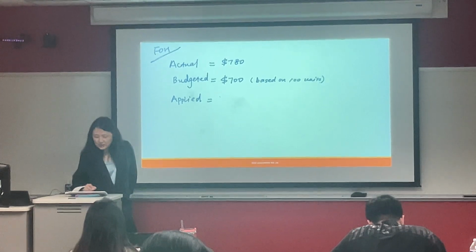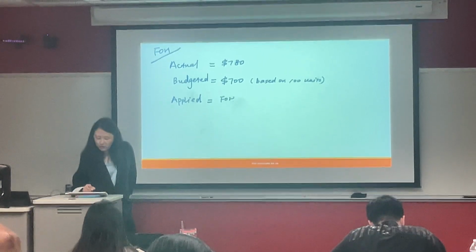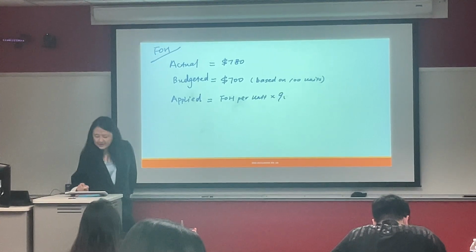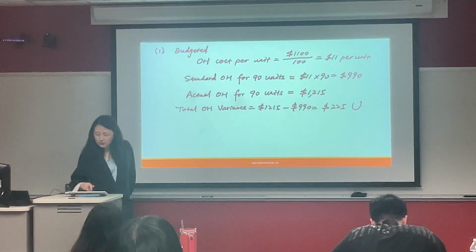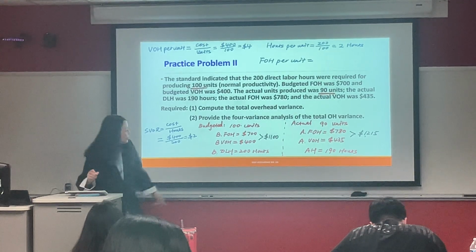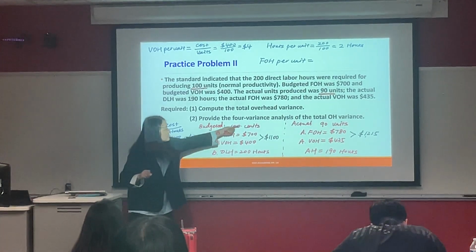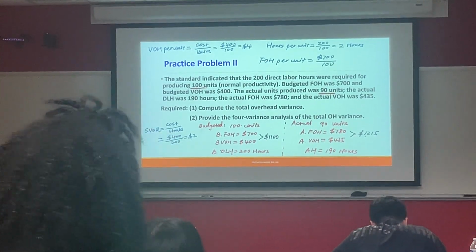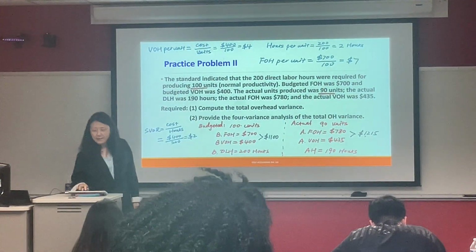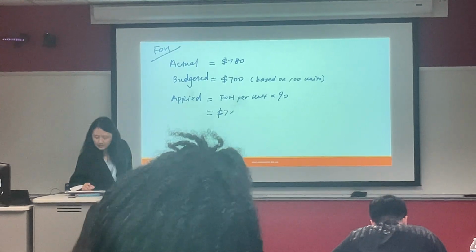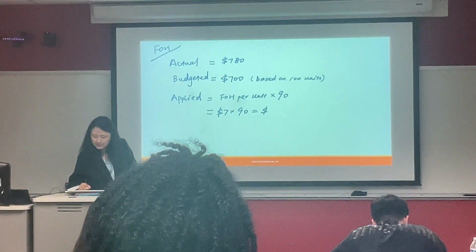Applied, let's do the same thing. I'm going to use a fixed overhead per unit multiplied by 90. How do I get fixed overhead per unit? I'm using the budgeted number here. Fixed overhead 700 over 100, so that's 7. So 7 times 90, then we get 630.